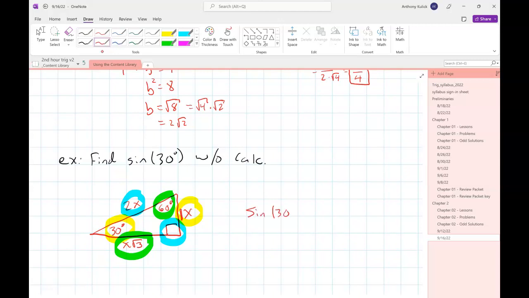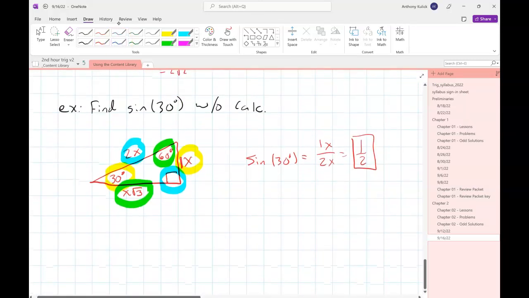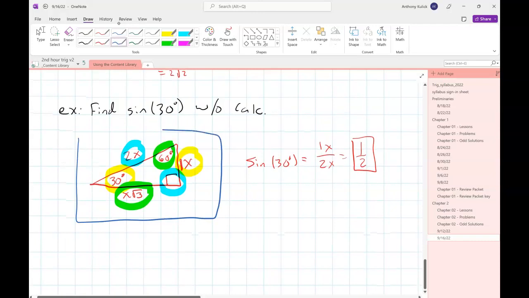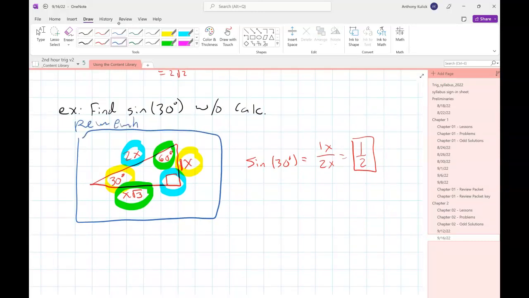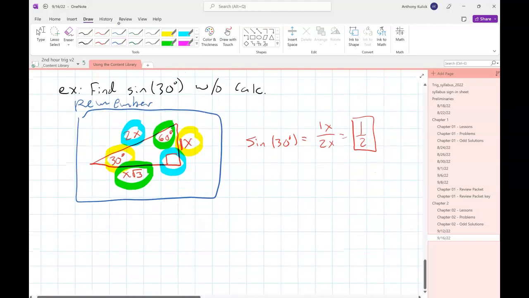So sine of 30 degrees should be 1x over 2x, or reducing down to just 1/2. This is a good one to remember. That comes up a fair bit.